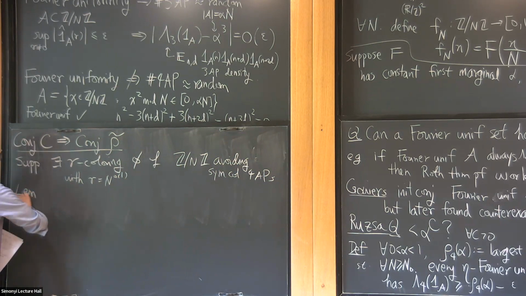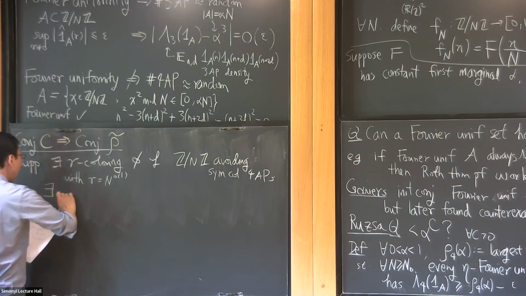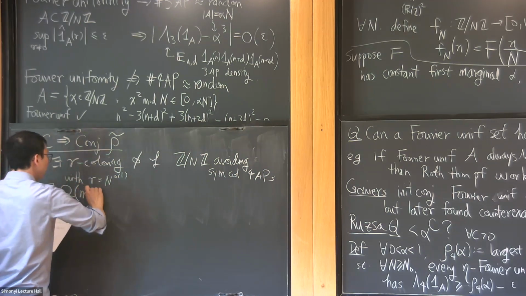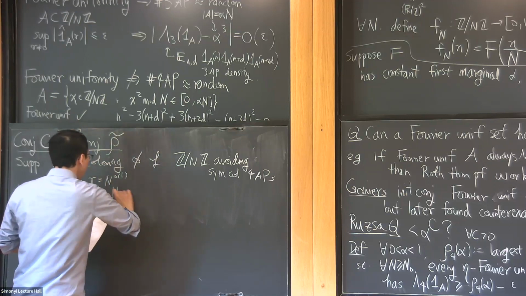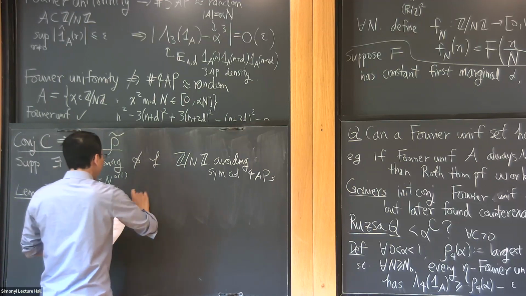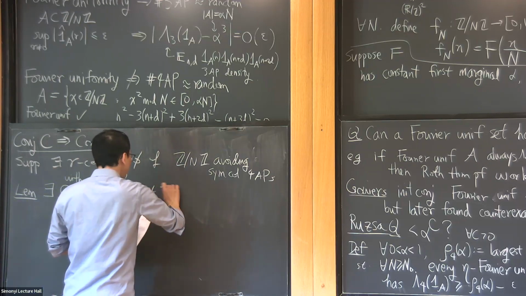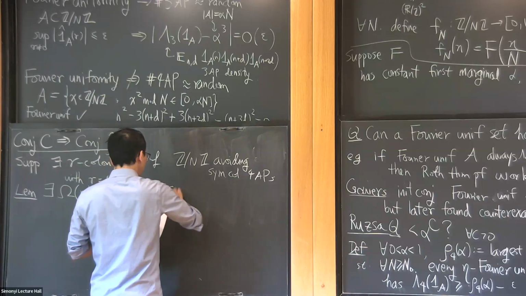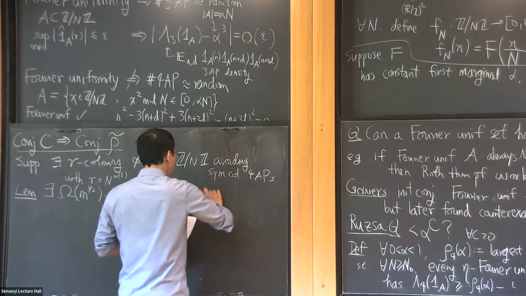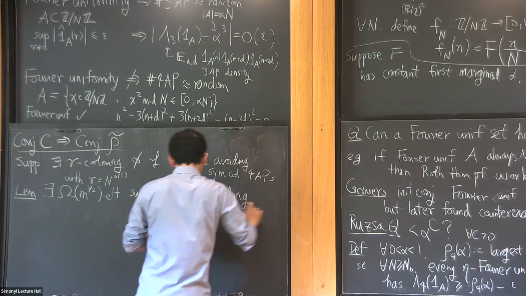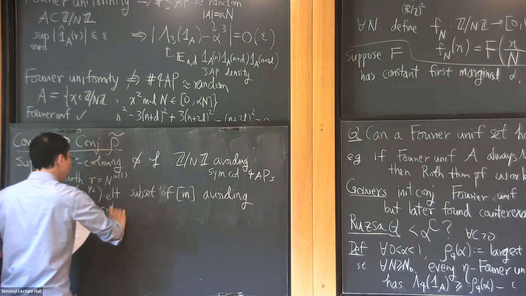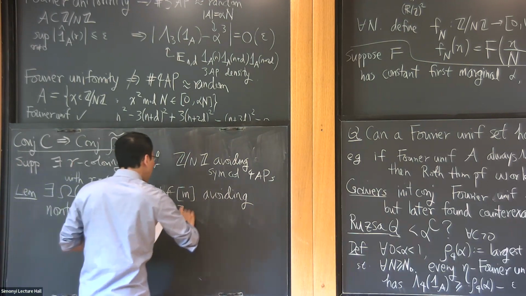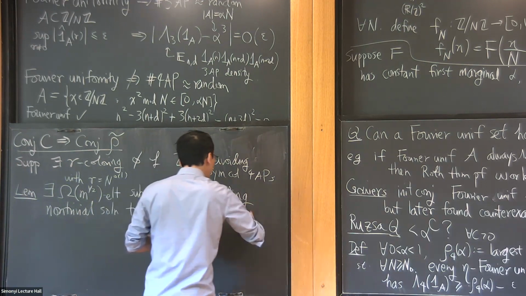Here's how we're going to construct this function f. First, there's a small lemma, a variant of the existence of a C down set but easier, which says that there exists a subset of 1 through n of size roughly square root of n, avoiding non-trivial solutions to the equation a minus 3b plus 3c minus d equal to 0.